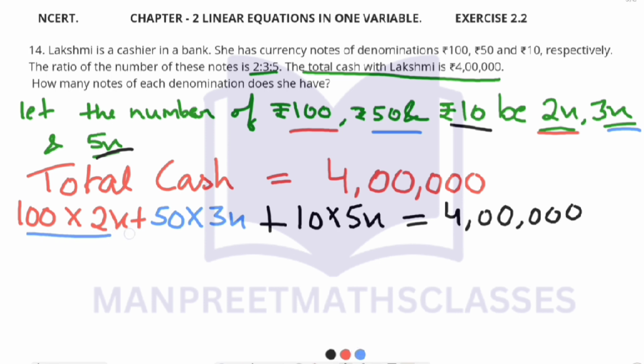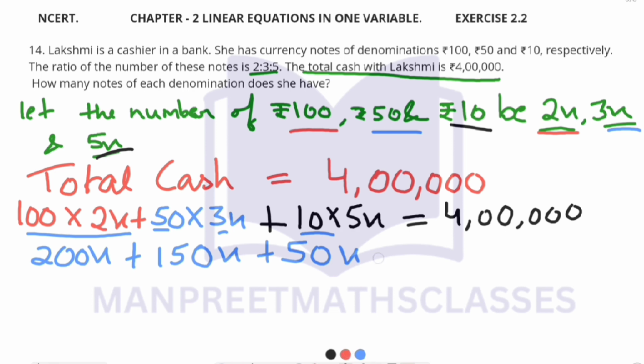So let's multiply 2 into 100, 200x plus 5 threes are 15 and a zero, 150x plus 10 fives are 50x is equals to 4 lakh.